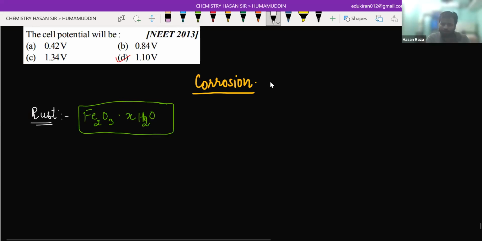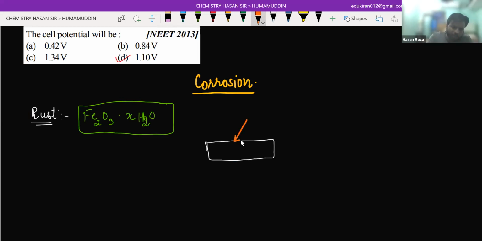Let's take an example. If you have a block of iron, let's say this is your iron. What happens on the surface of the iron? This block of iron is directly in contact with H2O, let's take this H2O as moisture from the surrounding.